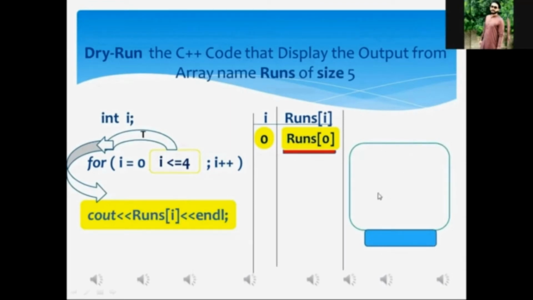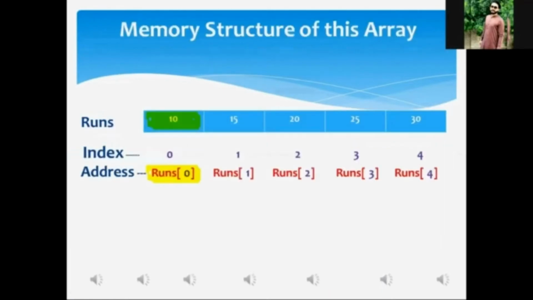Is it so or not? Yes, sir. Okay, in order to fetch and print the data value from the very first memory location of the array, I'm taking you to the memory structure of the array named runs. Are you ready over there? Ready, sir.